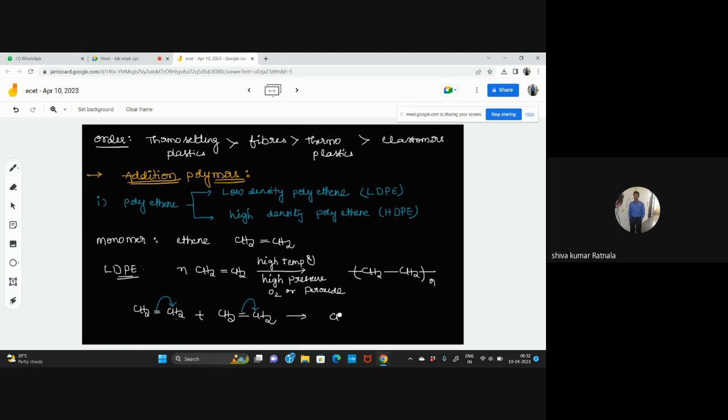We get CH2, CH2 repeated two times. Similarly, with n molecules, we get n repetitions.